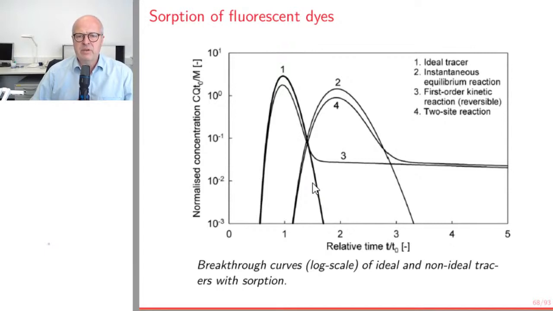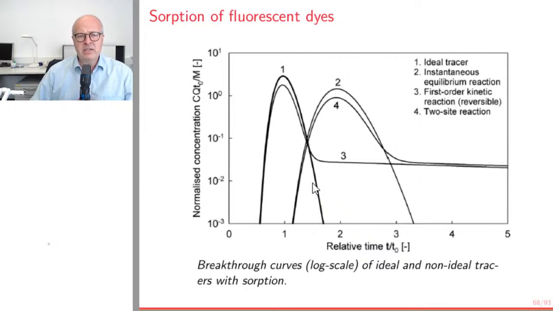You may have an equilibrium reaction, so your tracer will appear later, but you will not lose tracer. You might also really lose tracer by irreversible reactions. So the chemistry of the sorption reaction is important and plays a role. So is it irreversible? Is it reversible? Is it first order, second order? Is there sorption to one site or to several sites?